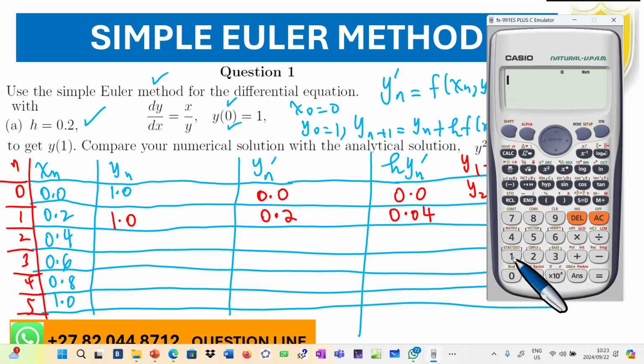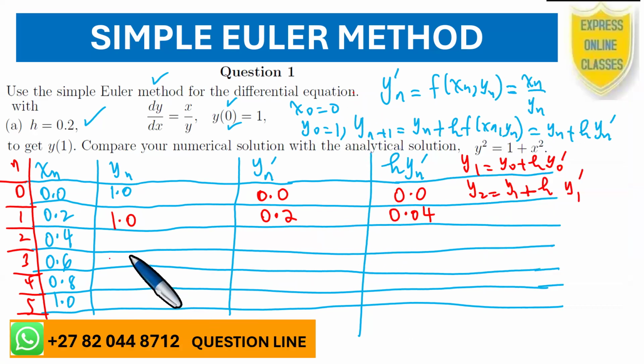It is 1.0, so you can just put a 1, plus h, 0.2, times y1 primed, 0.2 again. Okay, we already know that. It is exactly 1.04.